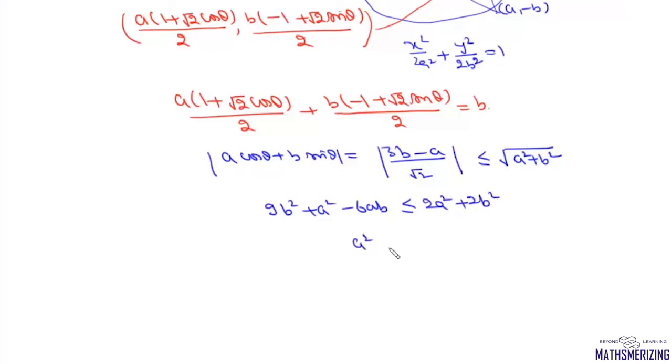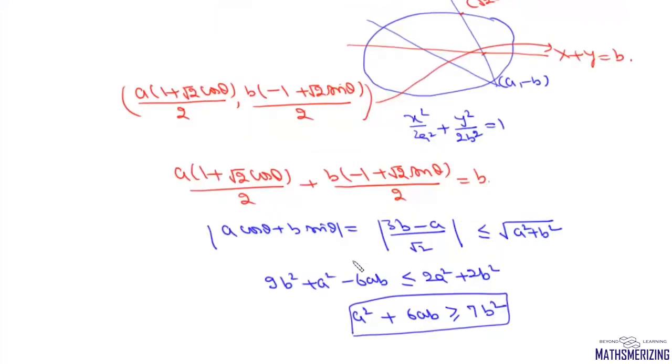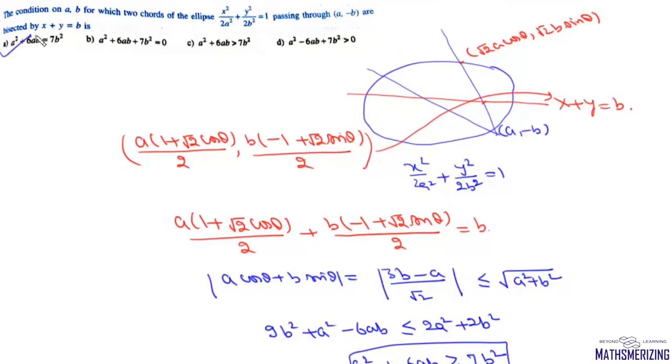So we can write a square plus 6ab should always be greater than or equal to 7b square. So the answer to this question is that a square plus 6ab must be greater than or equal to 7b square. So that's your option number A and option number C.